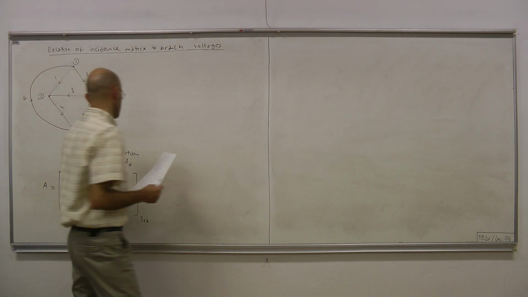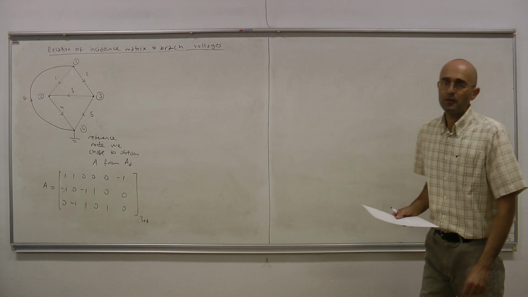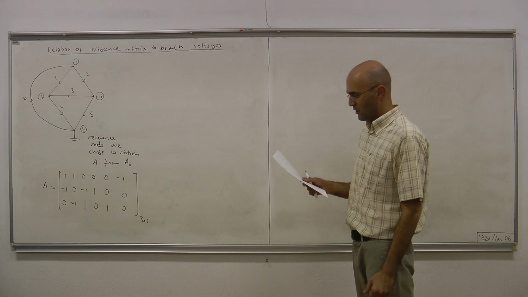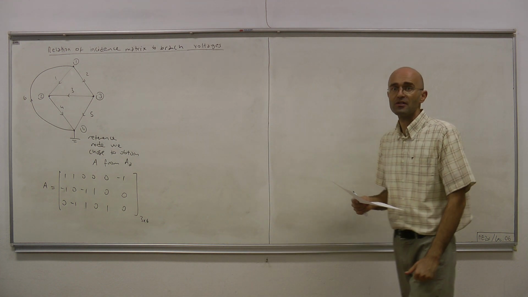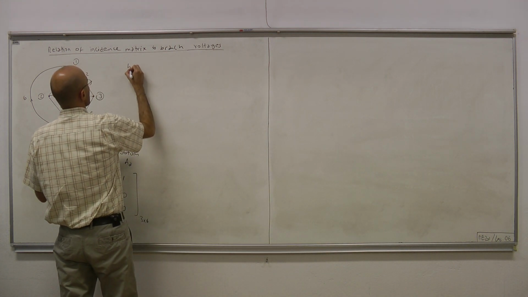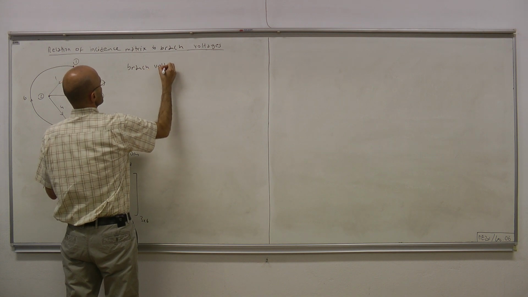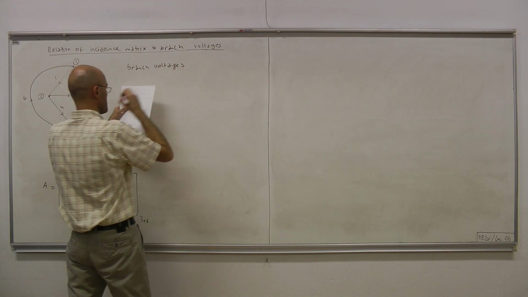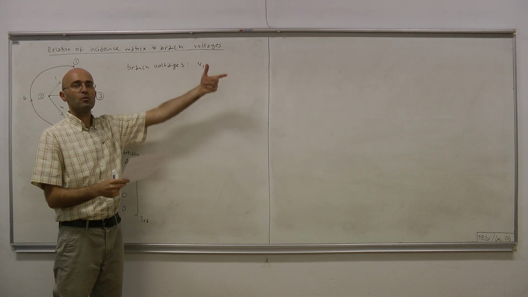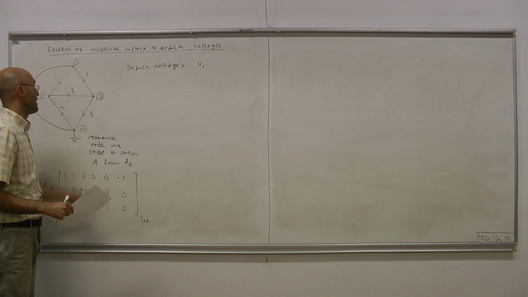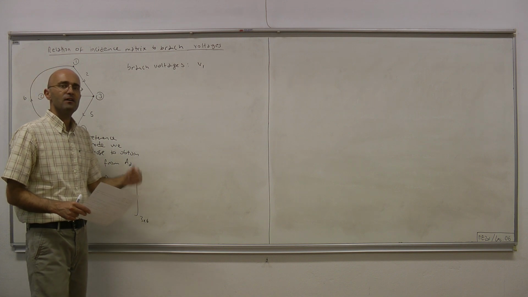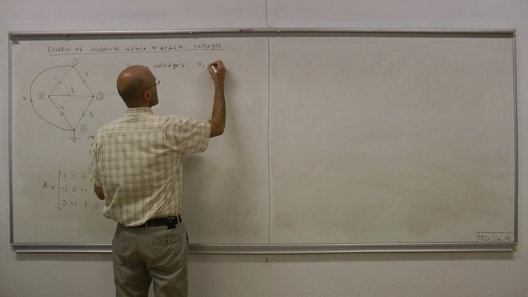Now let's start talking about the branch voltages and, more importantly, the node voltages and their relation. We have some new definitions that we need to introduce. By branch voltage we mean the following. We label the currents as I1, I2 up to I6. Those are our branch currents, and naturally we denote the branch voltages by V1, V2 up to V6.